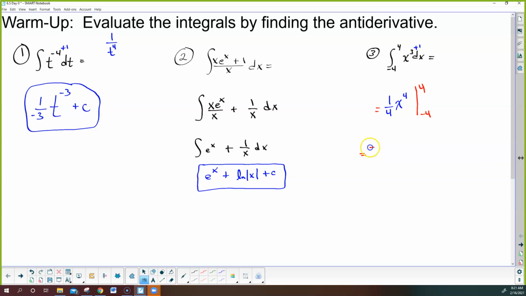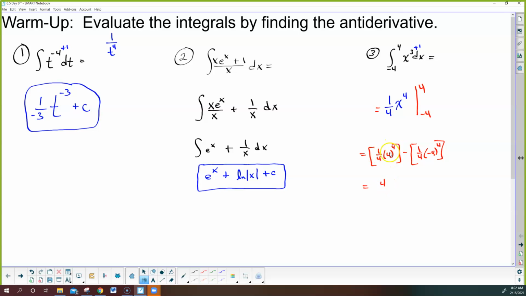So what we're going to do then is we're going to plug in the upper bound first minus the lower bound. Okay, and then we're going to simplify. One of the things you might notice right away, and this is up to you if you notice it, but notice this 1/4 is an extra power of 4.